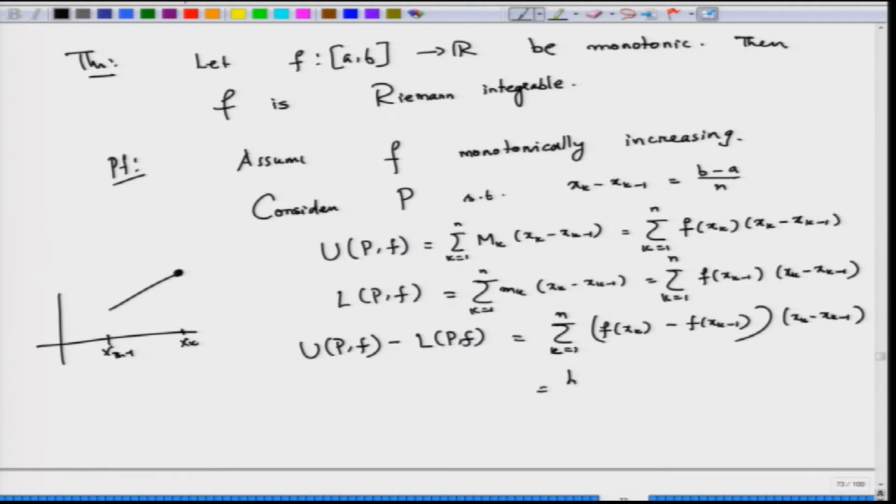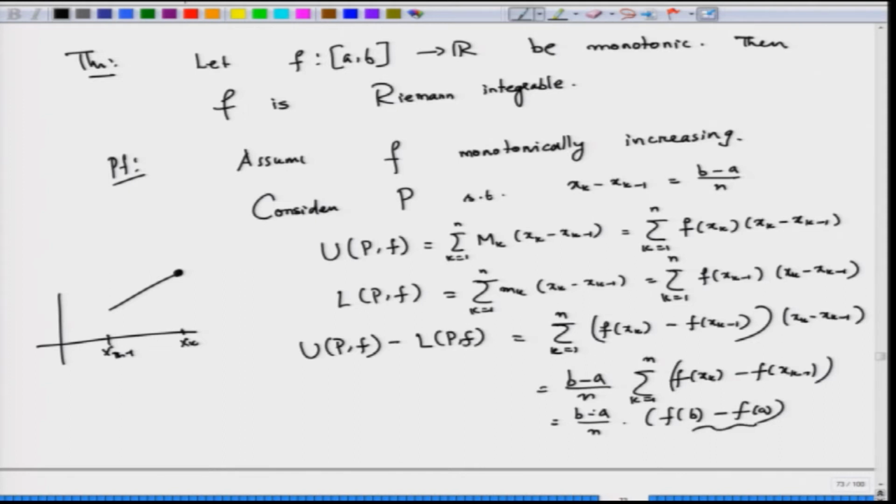So, this is going to be (b minus a) by n times the summation over k from 1 to n of (f of x_k minus f of x_{k-1}). This is again a telescopic sum, which is going to survive only at the end points. So, this is f of b minus f of a.